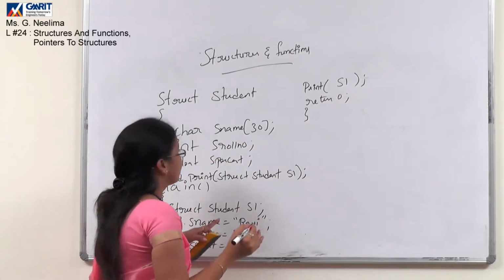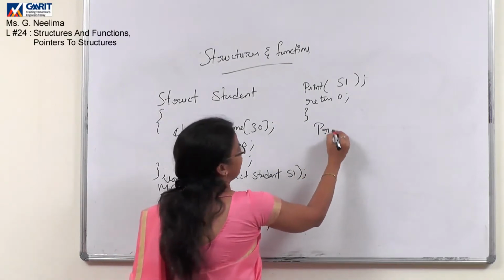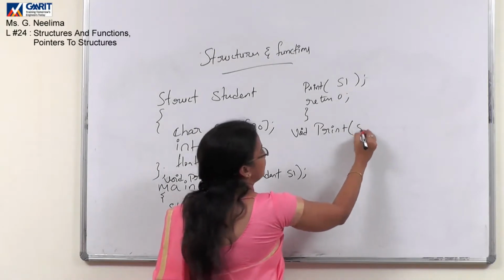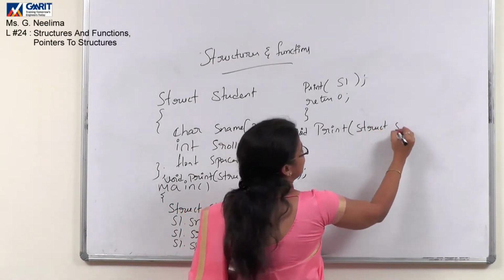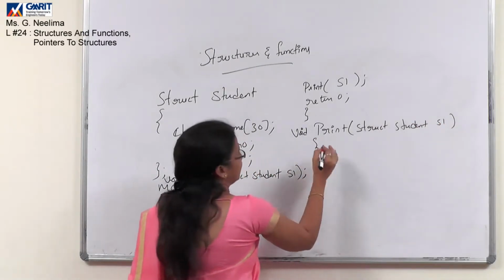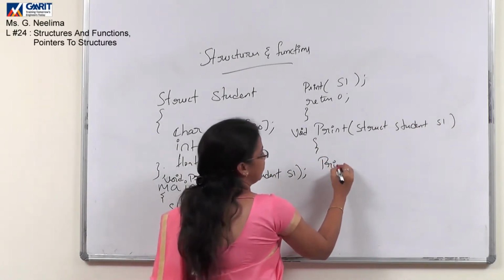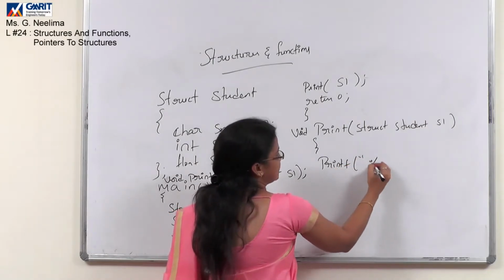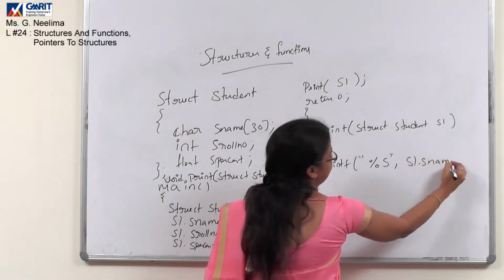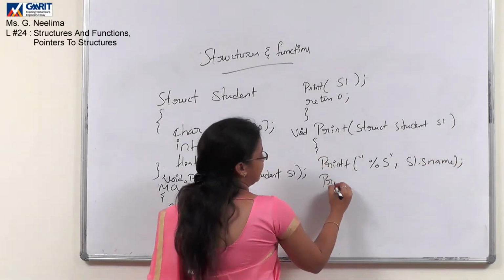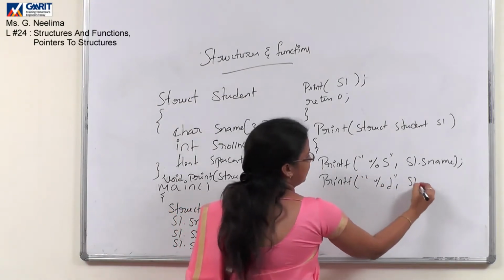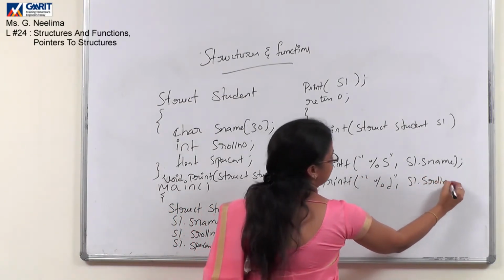Now I need to create our function, that is void print struct student s1, and here I am printing the values. printf %s s1.s_name, and I am printing one more value, that is s1.s_roll_number.